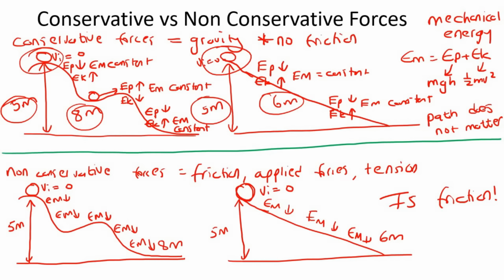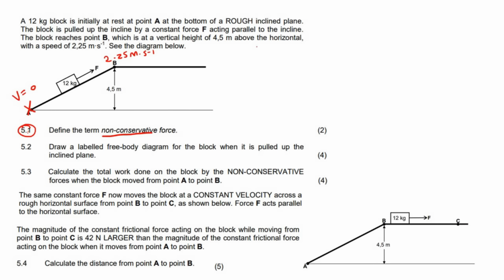So we say that non-conservative forces do depend on the pathway, whereas with conservative, the pathway did not matter. So now that we have that explanation on conservative, non-conservative, let's quickly go check the definition.